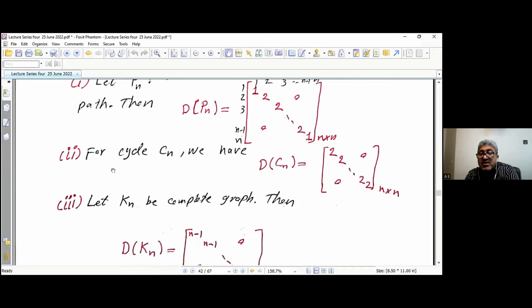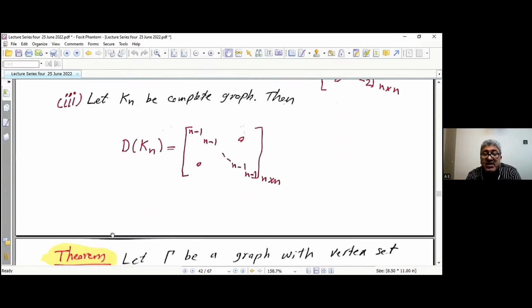And similarly for a cycle, the degree of any vertex is 2, so it's just a diagonal matrix where all entries on the diagonal are 2. For the complete graph Kn, again we have n minus 1 on the diagonal because the degree of any vertex is n minus 1, since it's regular.